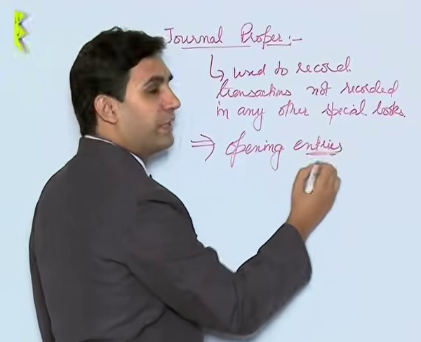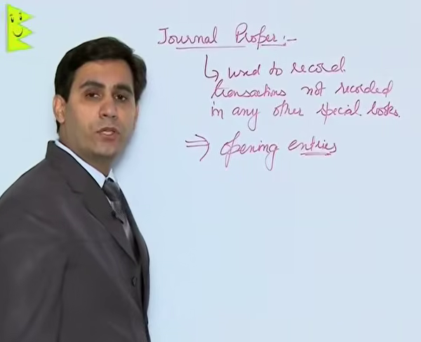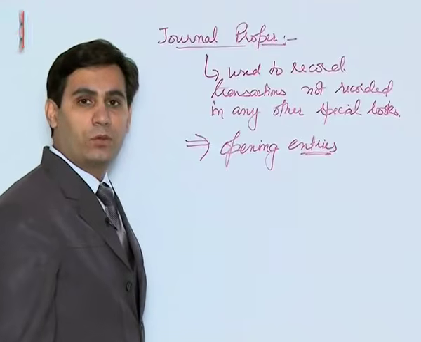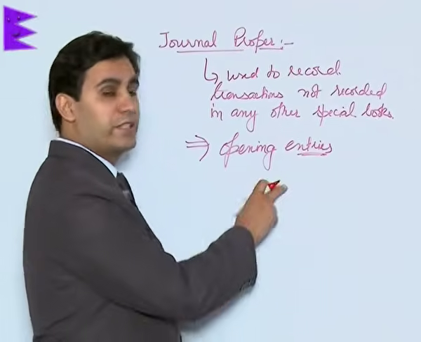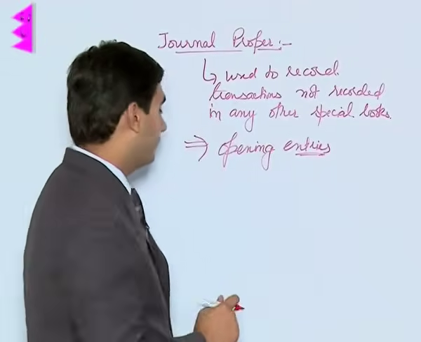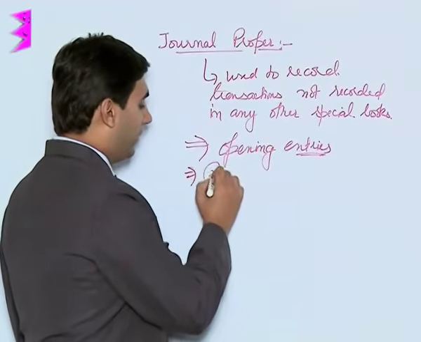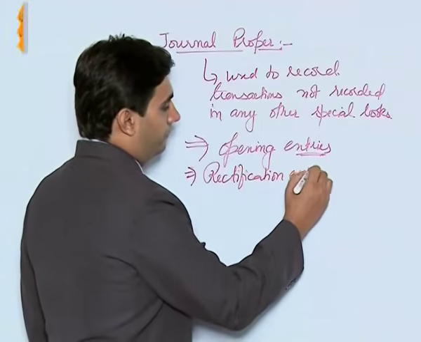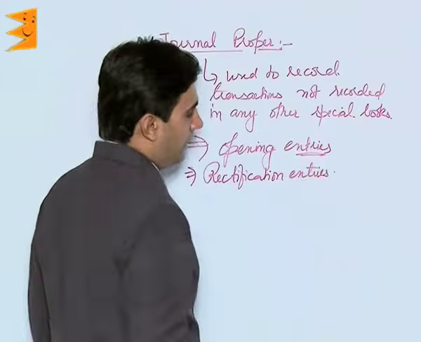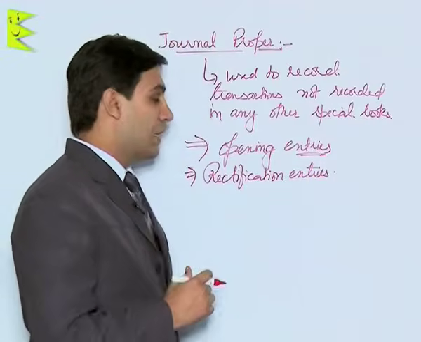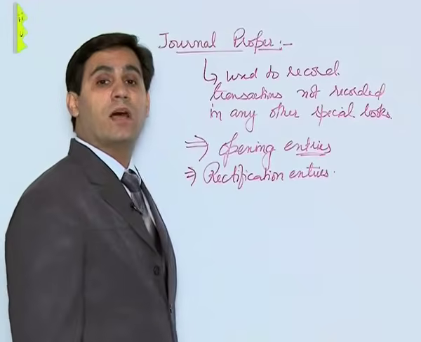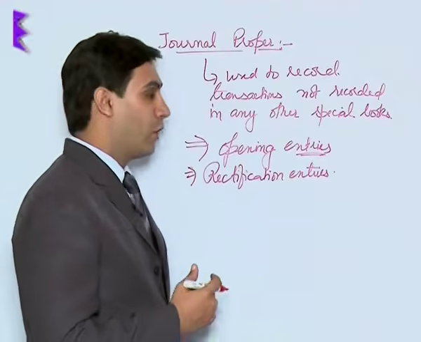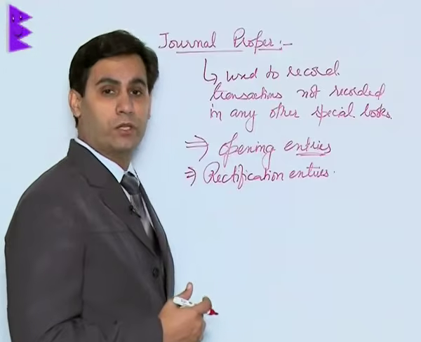We all know what are opening entries. These are entries which are used to record the opening balances of assets and liabilities in the beginning of an accounting period. So such entries are always recorded in journal proper. Then we have any kind of rectification entries. That is, entries which are used to rectify errors which have been detected in any of the previous books or any of the previous postings or recordings.